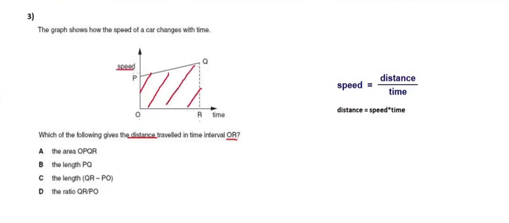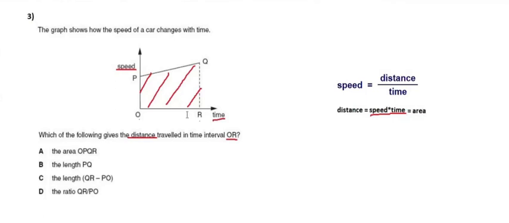Here the y-axis is speed and the x-axis is time. So the area under this line is nothing but speed into time, and speed into time is nothing but the distance. So we can say this distance is given by the area under the curve or under the line.